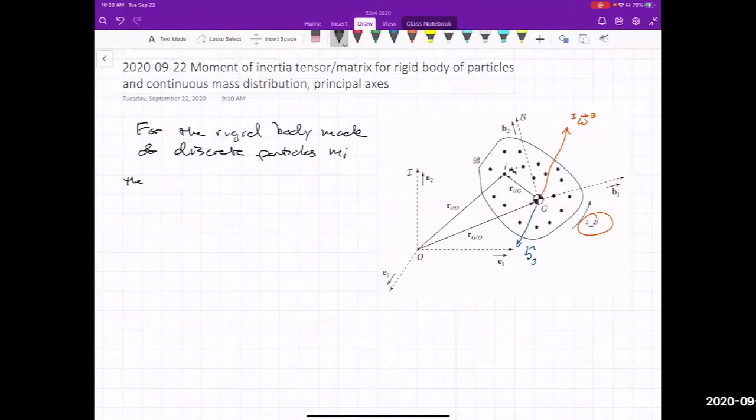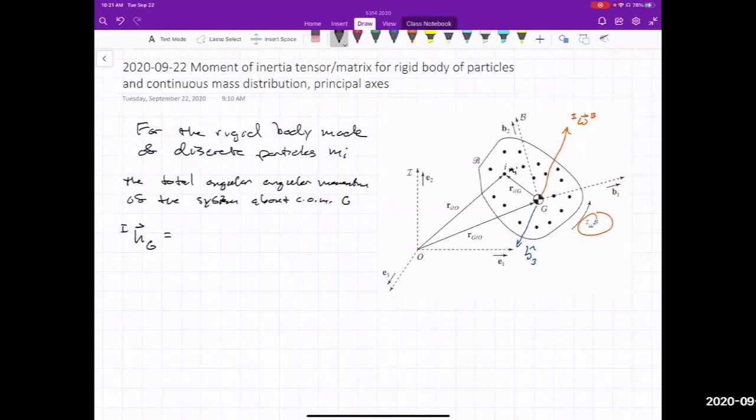The total angular momentum of the system is what's going to enter the dynamic equation. So the total angular momentum of the system about its center of mass, which we called G, is that.